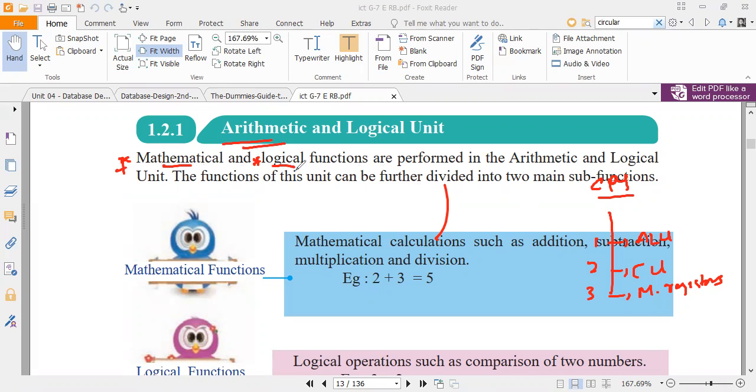The functions of this unit can be further divided into two main sub functions: mathematical functions and logical functions.